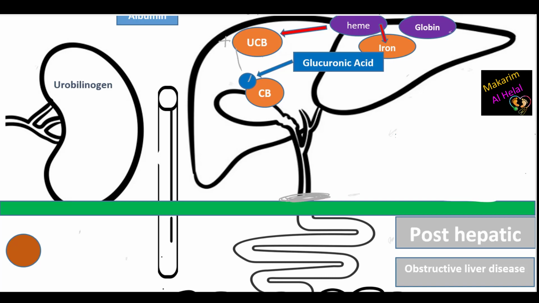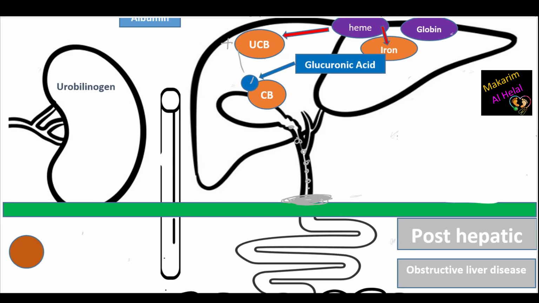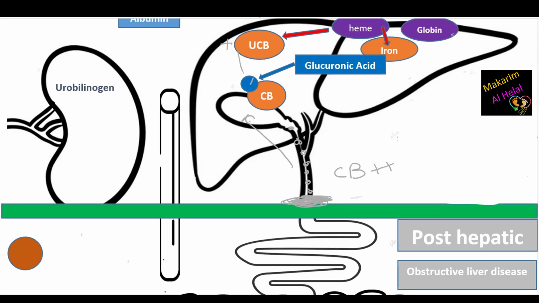Conjugated bilirubin, water soluble, goes through the common bile duct to the intestine, but here there is obstruction. Conjugated bilirubin here accumulates in the common bile duct, which leads to regurgitation of conjugated bilirubin to the liver hepatocytes and back to the blood. For this reason, I will put 2 plus on conjugated bilirubin.